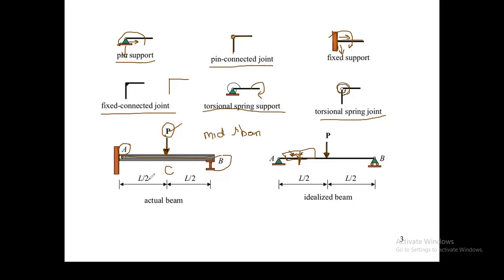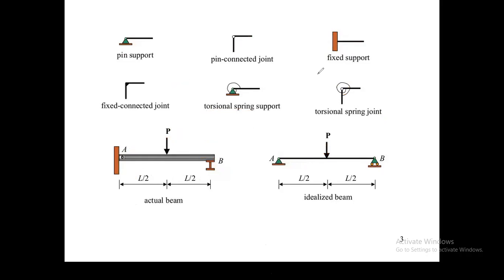How is mid span there? Half of the length is on the left side of P, and half of the length is on the right side of P. In this way, we can designate that load as a point load.